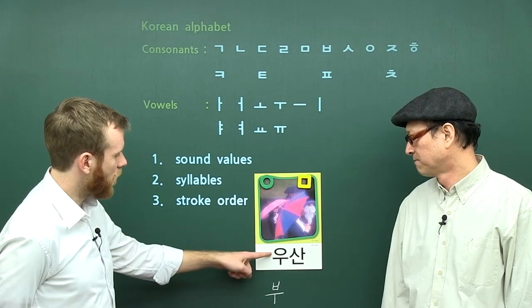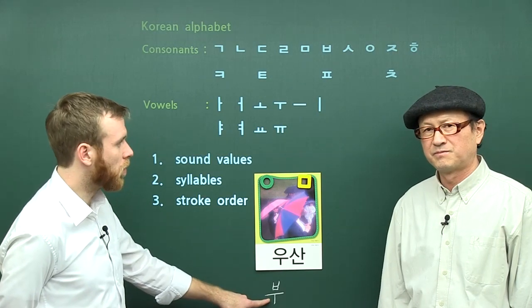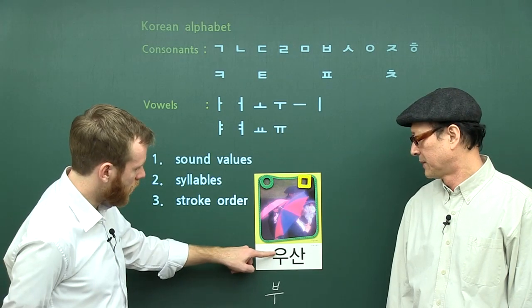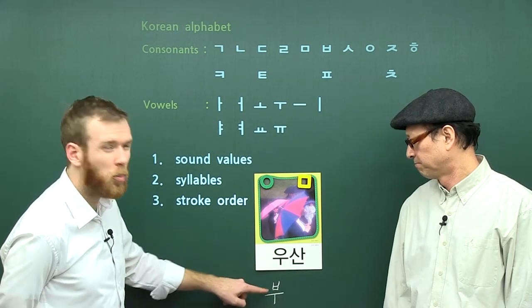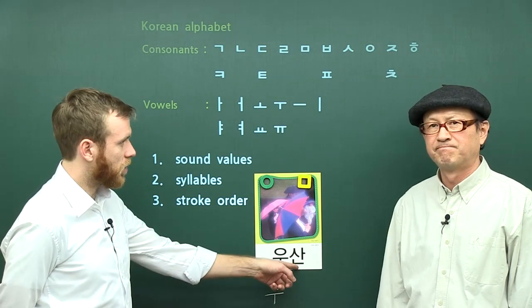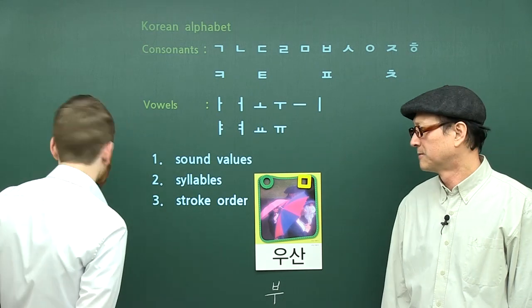Okay. 부산. So instead of the first syllable being 우, we've changed it to 부. And if you'll notice, only one thing has changed. The top consonant here. So instead of giving us 우, we have more of a B sound, 부. And the second syllable stays the same. Want to look at one more example?